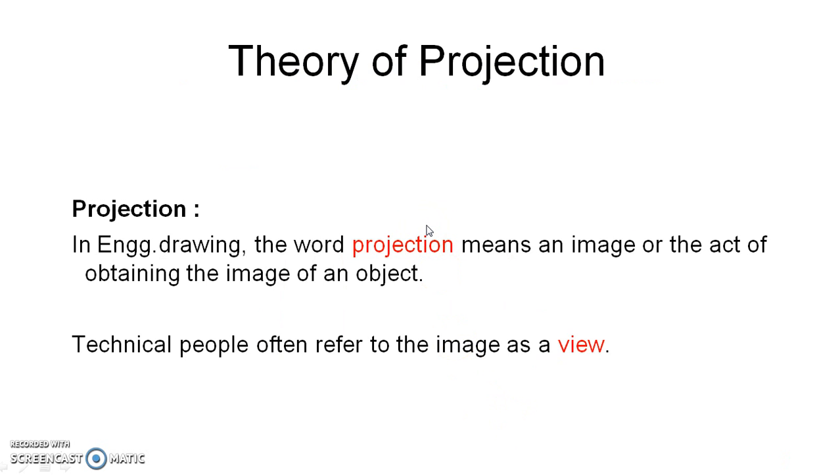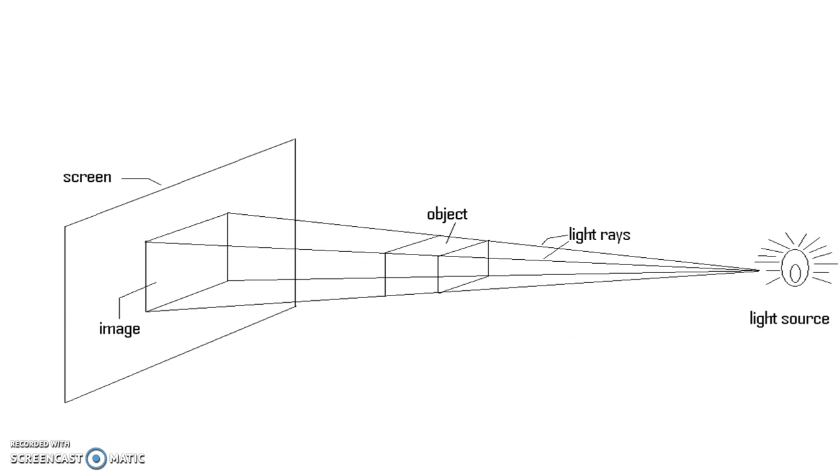Next, theory of projection. The word projection means an image or the act of obtaining the image of an object. Technical people often refer to the image as a view. Now this is the projection system wherein we are going to learn the principle of this theory of projection.